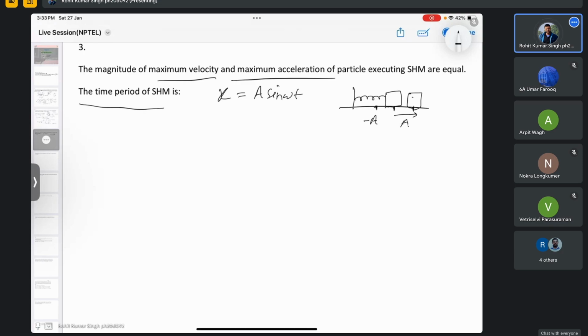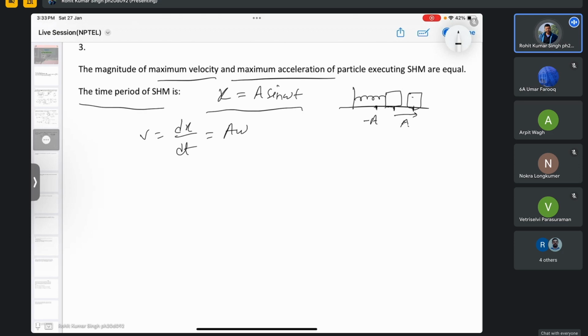Okay. So you have the formula for the position of the particle which is performing SHM. Now to find the velocity, you can just differentiate it with respect to time, right? This is the velocity. What do you get?